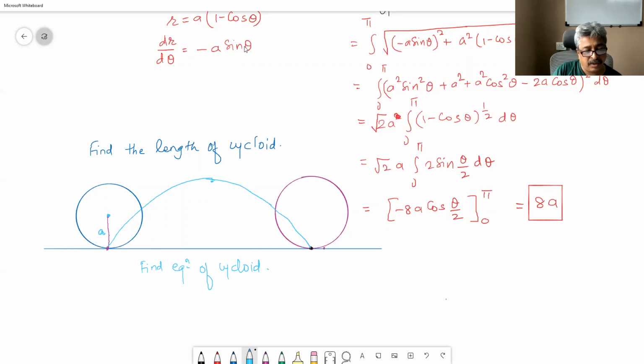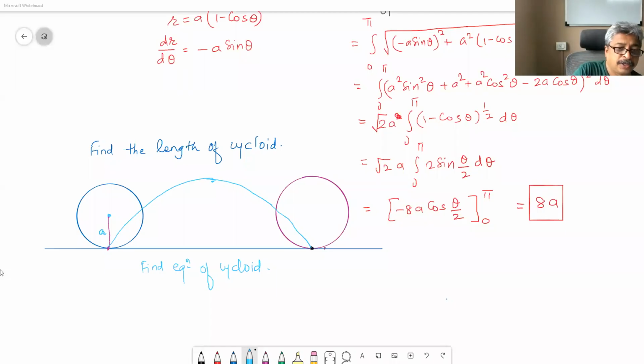Again you can find out the equation of the cycloid in parametric form. x is equal to something and y is equal to something. That is the hint. Parametric form. Okay. Let us consider one more position of the circle. Now I will erase this because it is not going to be the correct locus.